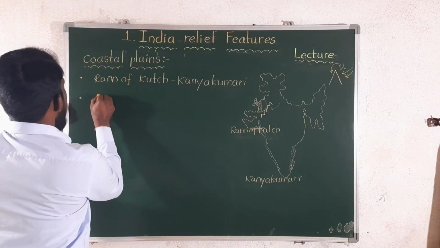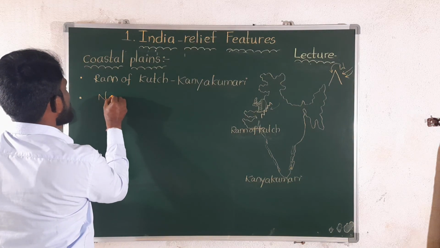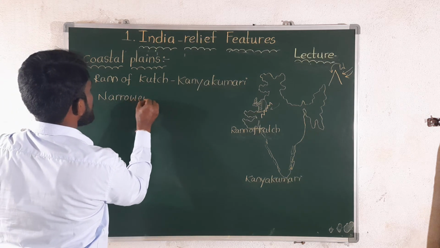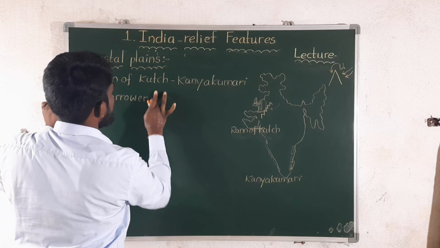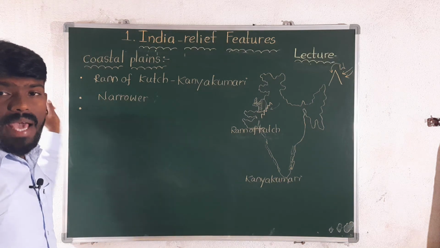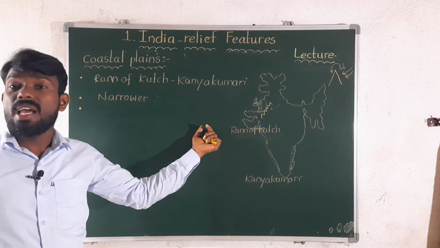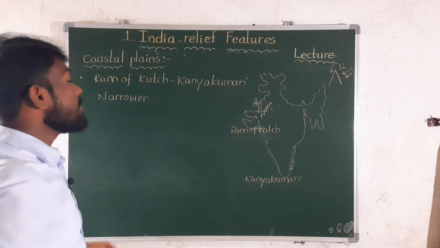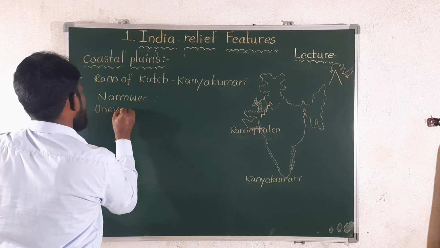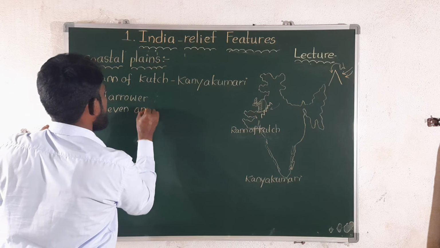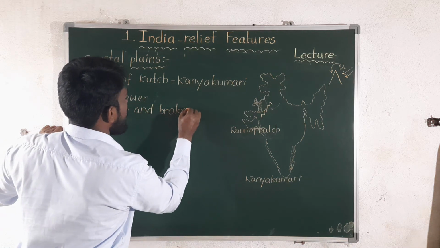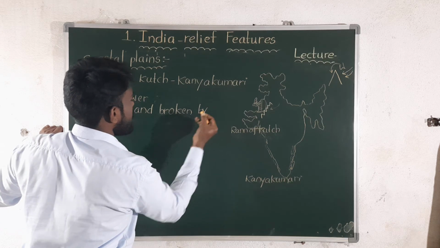And these are narrower than eastern coastal plains, and uneven and broken by hilly terrain.